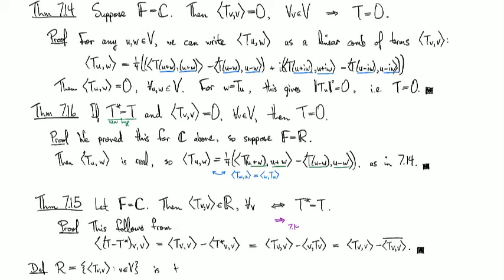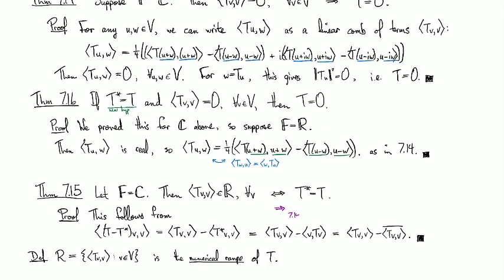This is what's called the numerical range of T. And so this is a subset in general of the complex plane. Maybe I should have included that when I wrote the definition. And it tells you a bunch about the operator.